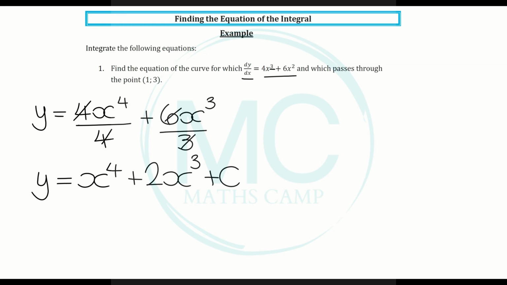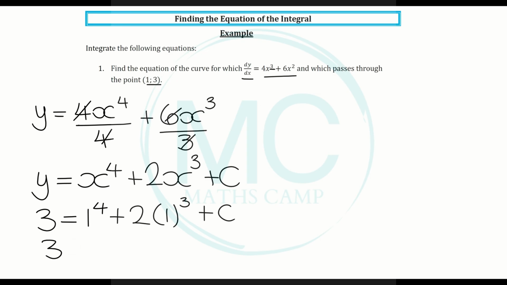To find c, we substitute the x and y coordinates, 1 and 3, into our equation. So we're going to get 3 is equal to 1 exponent of 4 plus 2 multiplied by 1 cubed plus c. If you have a base of 1, regardless of the value of the exponent, you will always get 1.